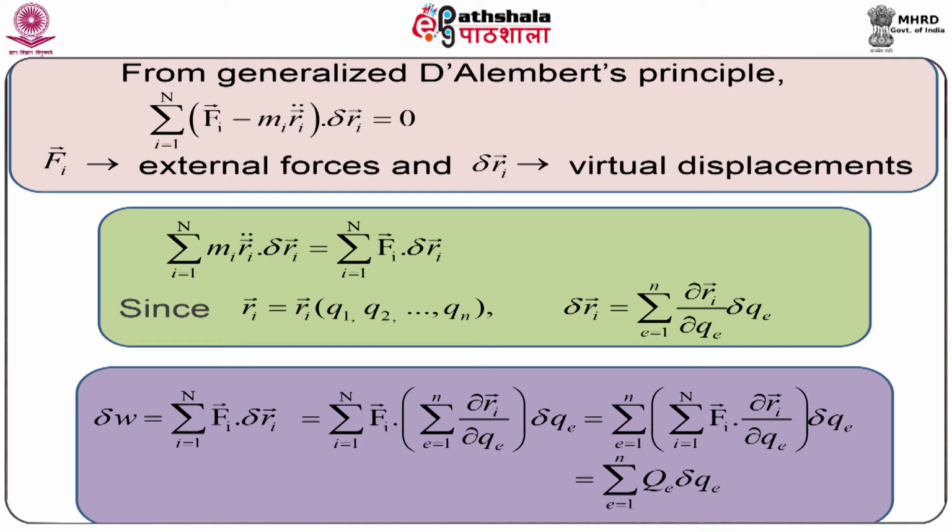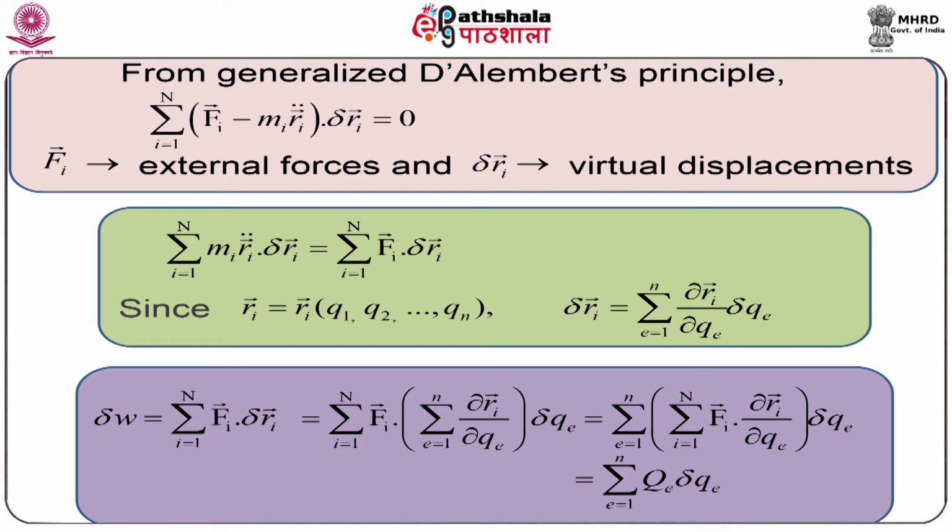Now, Fi vector is the force and delta Ri vector is the virtual displacement. So this gives the virtual work done by the externally applied forces.